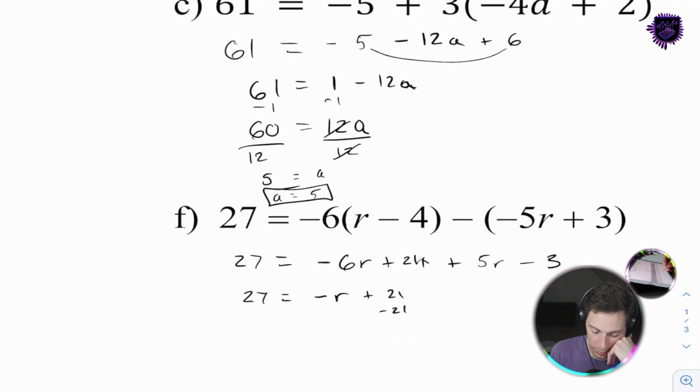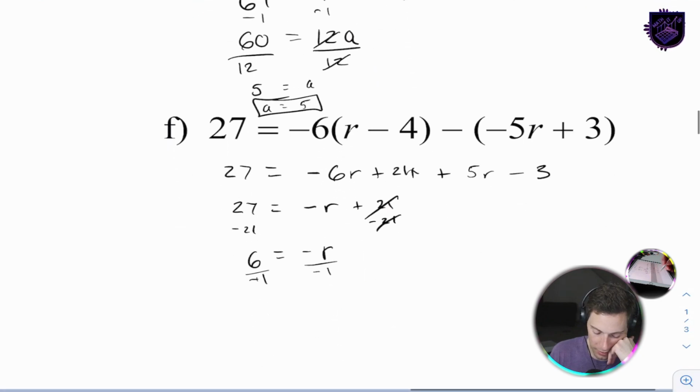Subtract 21 from both sides. The side cancels out. 6 is equal to negative r. Divide by negative 1, divide by negative 1. That's not going to change my answer. Cancels. R is equal to negative 6.